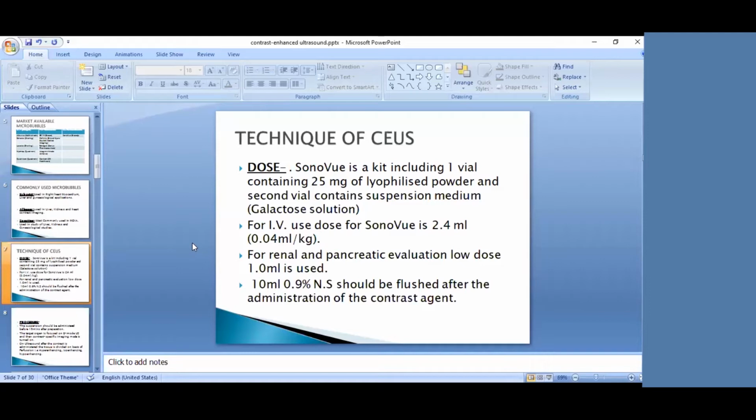So we have one powder vial and one solution to dissolve it, like many injections we have, powder and solution, two vials.